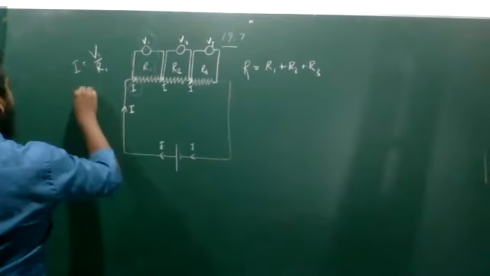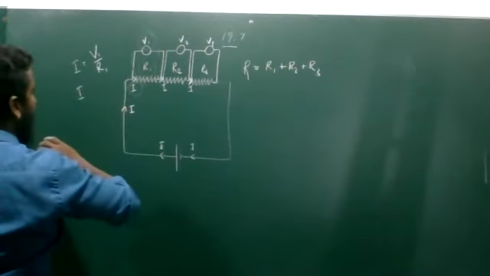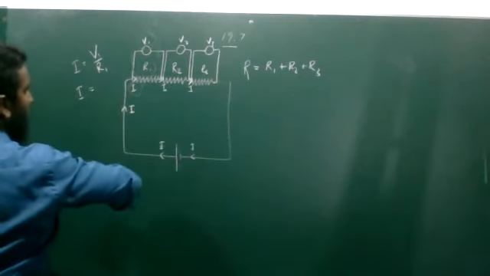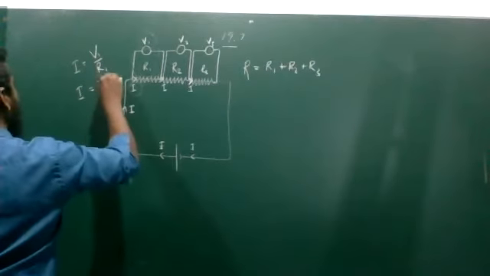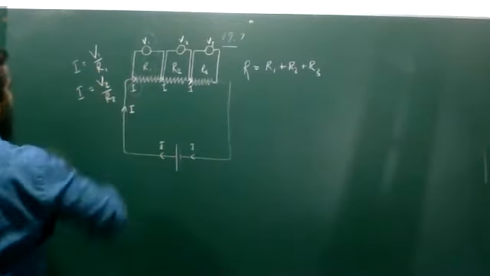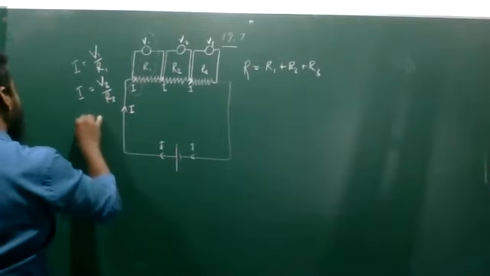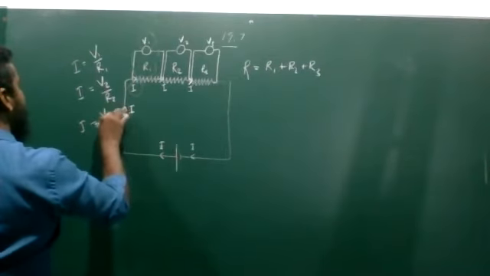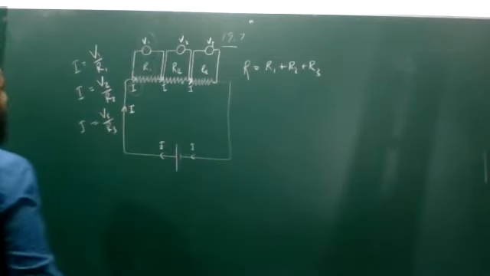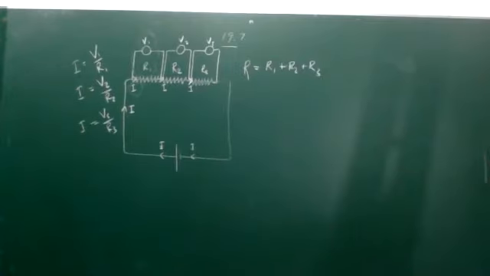We can say this I as well: I is equal to V2 over R2, right? Again, this I can be written as V3 over R3 as well. The same I can be written in these forms.